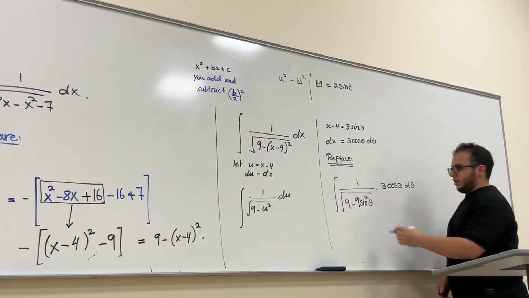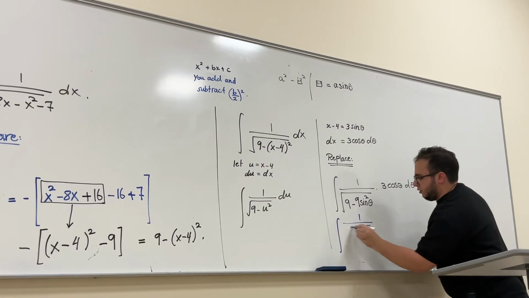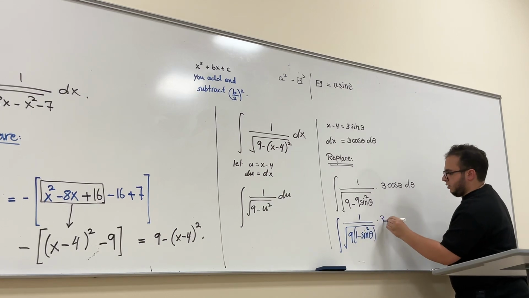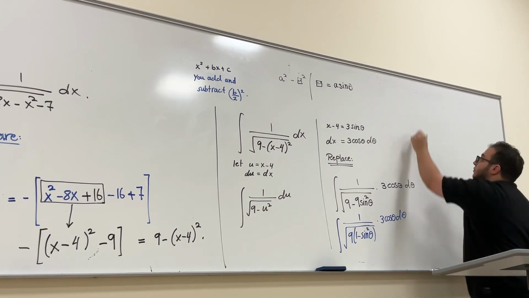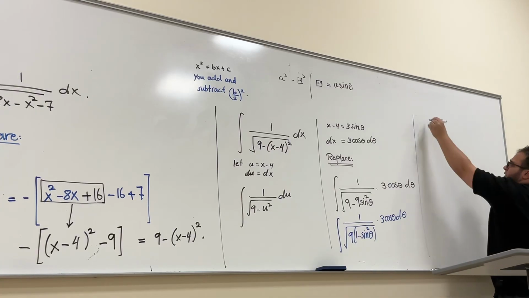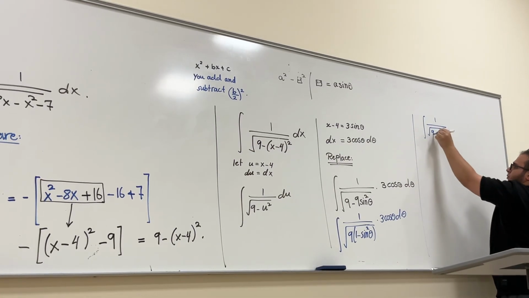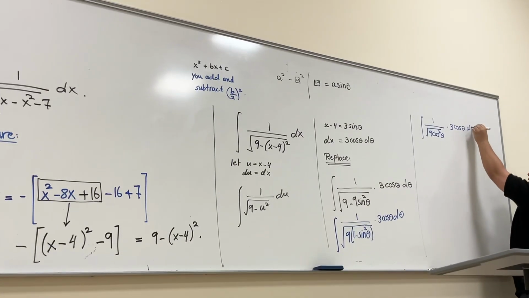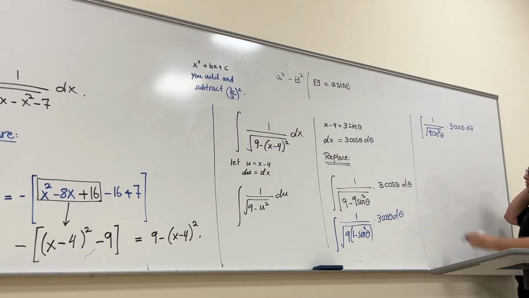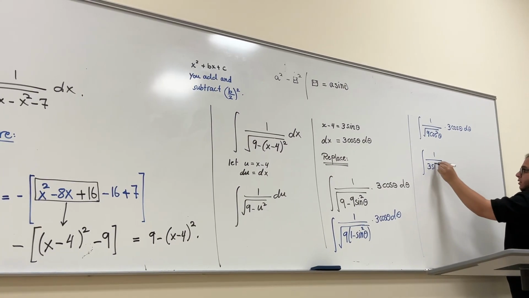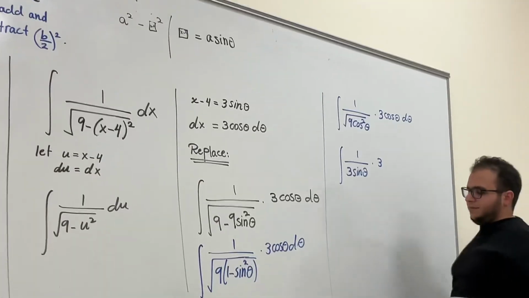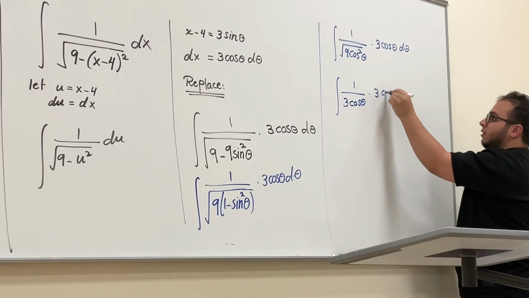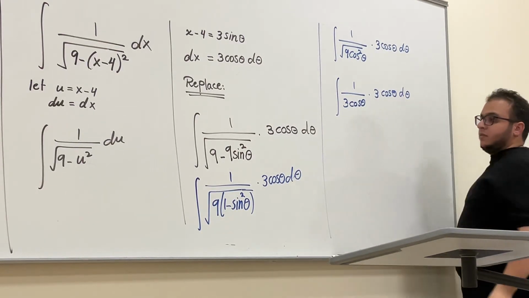Now we need to use an identity. 9 times (1 minus sine squared) times 3 cosine theta d theta. What is 1 minus sine squared? It's cosine squared. What do I get? 3 cosine. Now what do you have? Cancel.